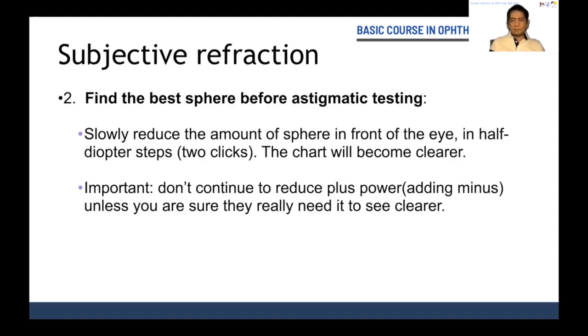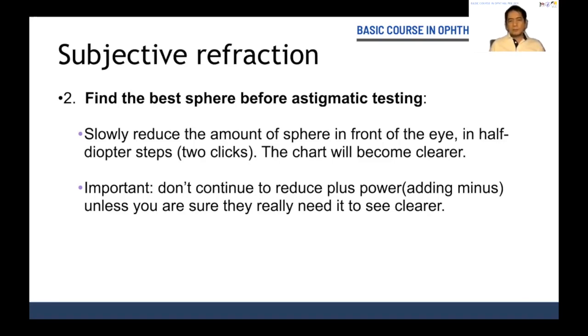For example, plus 2 blurs at 20/200, you decrease it by plus 1.50, plus 1, plus 0.50, plano, then going towards the minus side until the patient reaches the best visual acuity with the smallest print. For example, the patient achieves a visual acuity of 20/20 with plus 0.50.